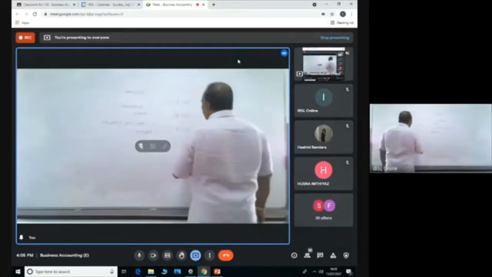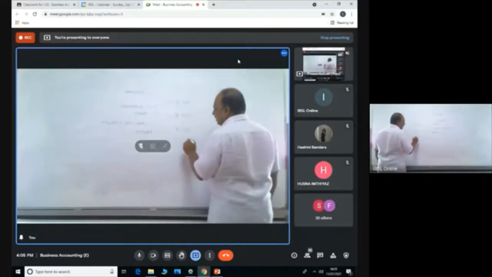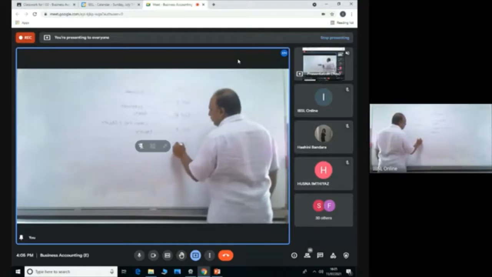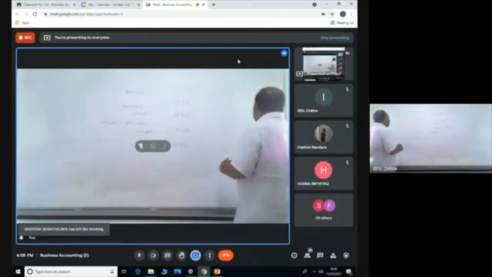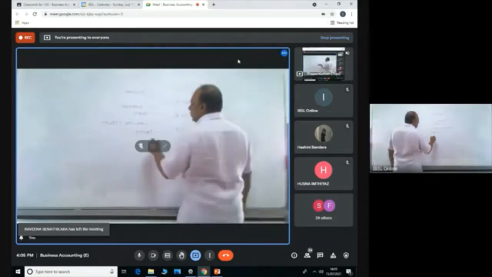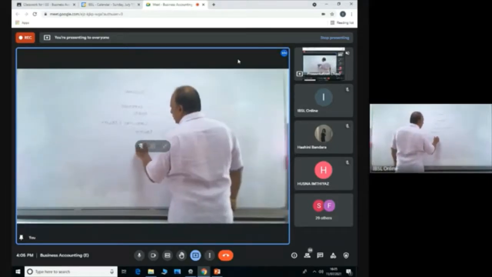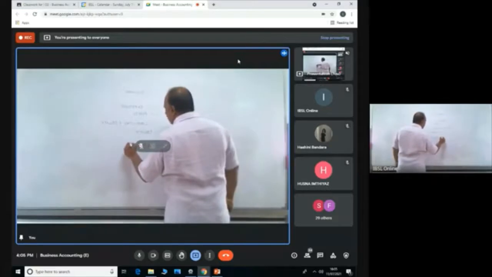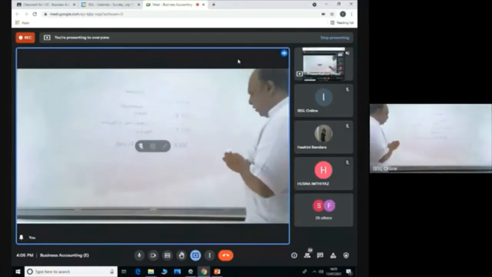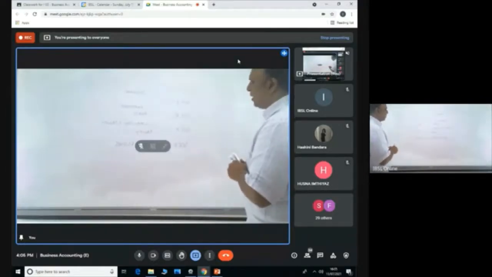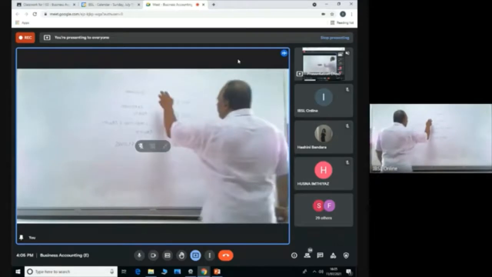So what we are going to look at today is the statement of cash flows. What that talks about is basically the cash flows of the business. So for any user of financial information, this is what they expect.